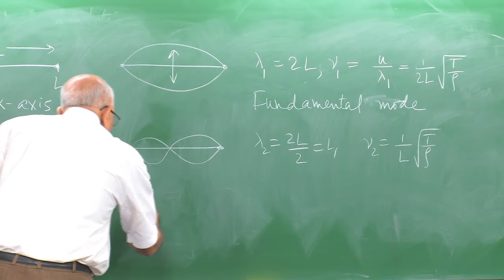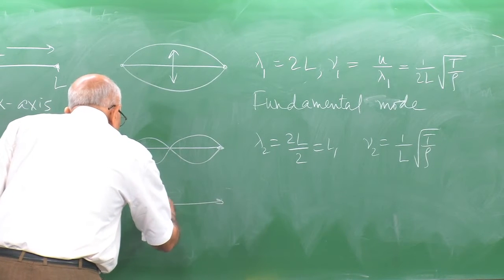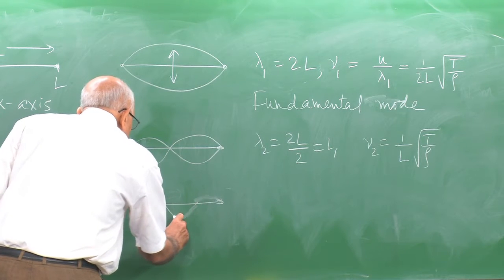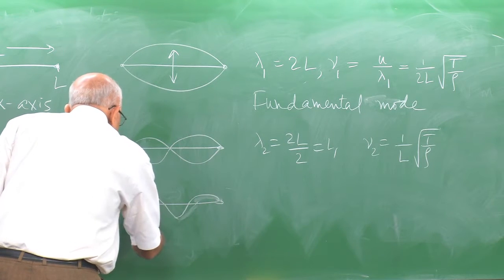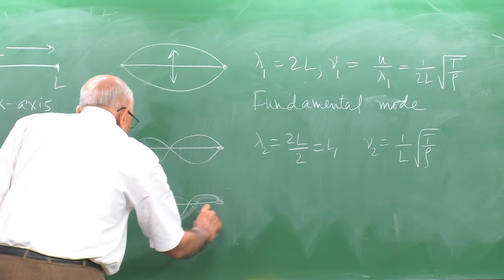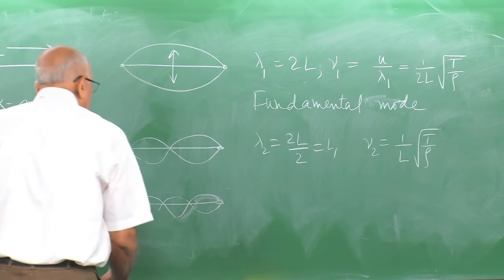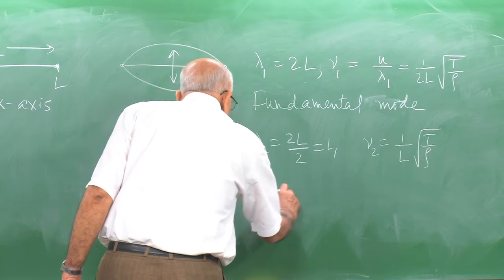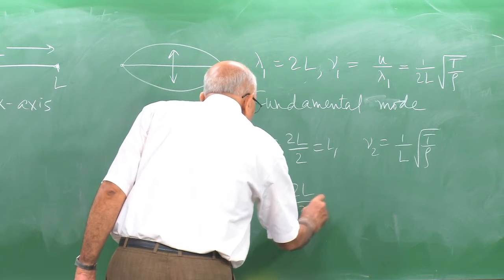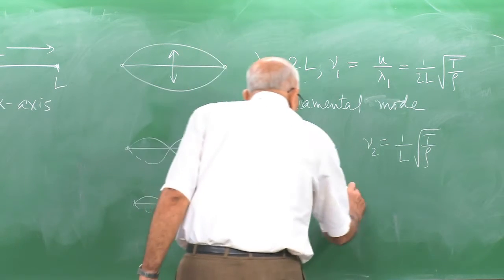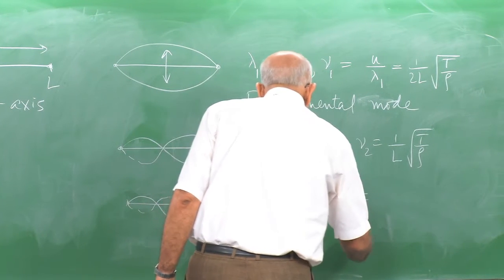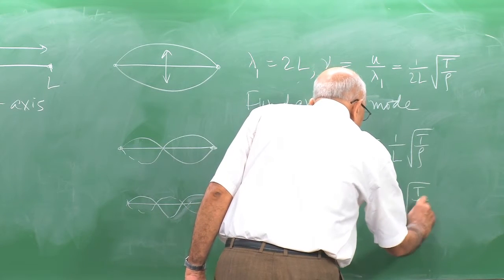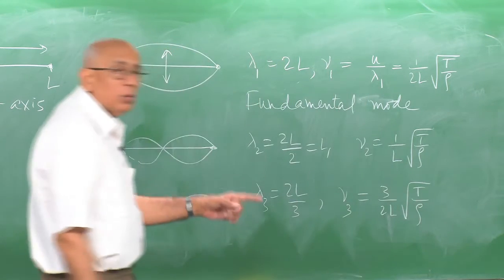And the next harmonic would correspond to something which looks like this. Not drawing this too well, but this would correspond to lambda 3 equal to 2L over 3 and nu 3 equal to 3 over 2L root T over rho. And this series goes on forever.